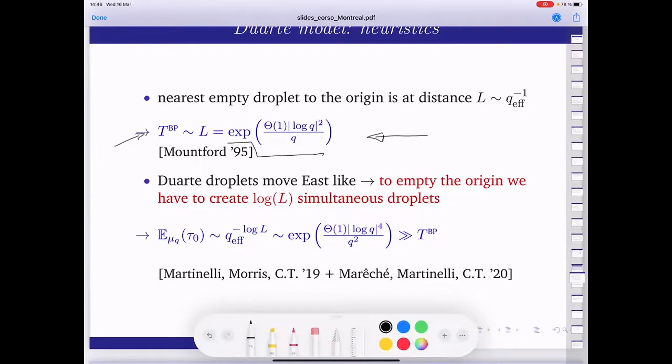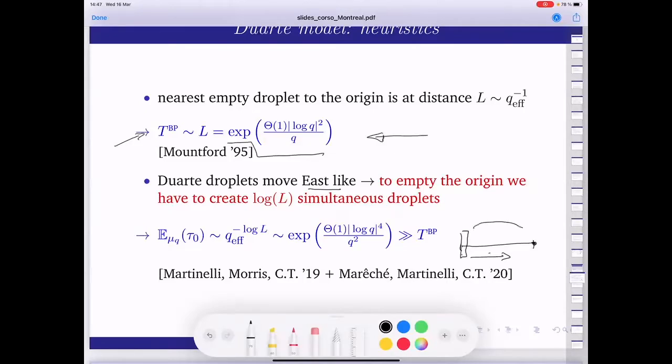Instead, if I'm considering the stochastic dynamics, since this column can just move in one direction, in order to move it will have to pay, as for the East dynamics, the creation of a logarithmic number of empty columns, where logarithmic is logarithmic in what? In the distance from the origin to the nearest empty column. I'm sitting here at the origin. I wait for this empty column to arrive there. This empty column can just move in an East-like, oriented way.